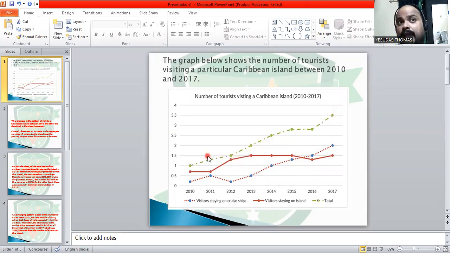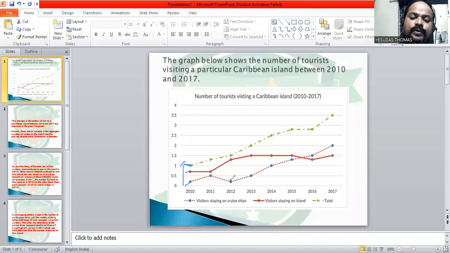How many tourists visited the island? Now the red line shows the number of visitors who stayed on the island. The dotted red represents the visitors staying on the cruise ships. So if you see a total of 1 million visitors there in the island, you can say this plus this equals 1.